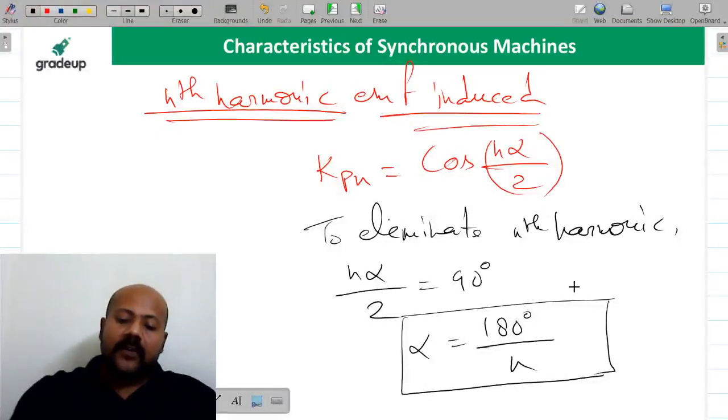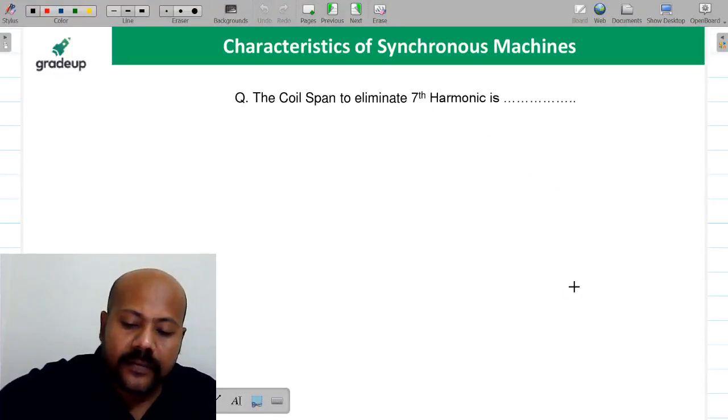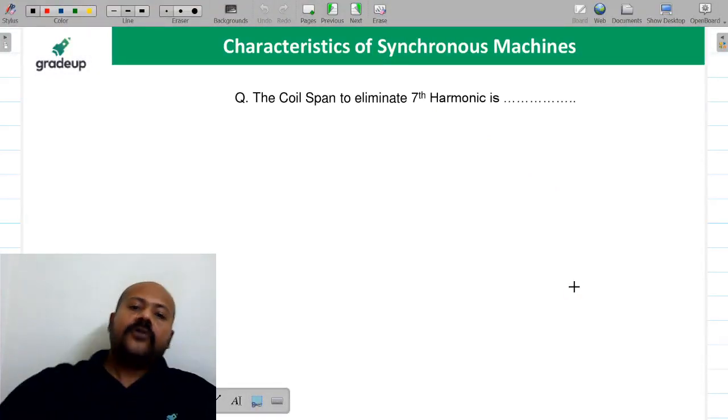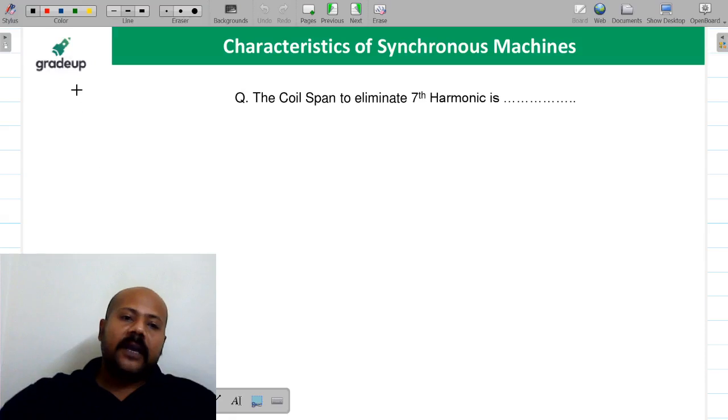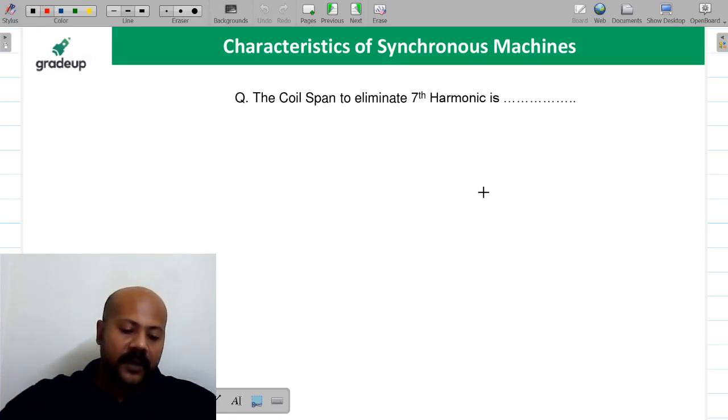I hope it is clear to all of you. Now just do this question and tell me the answer. If you have understood the coil span factor or the pitch factor, tell me quickly what is the answer to this question.